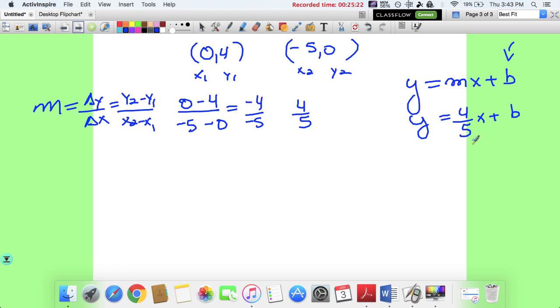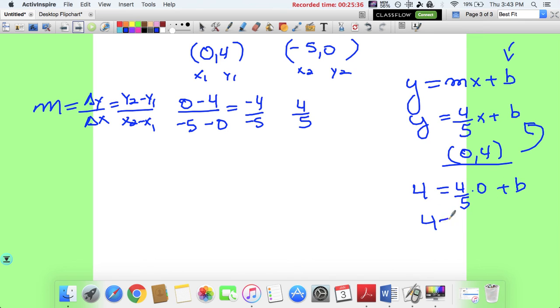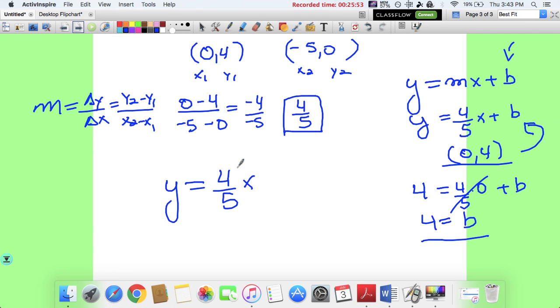But if I choose this point 0 and 4, which is I think better than -5 and 0, put it in this equation, I get y, which is 4, equals 4/5 times 0 plus b. Well, 4/5 times 0 is just 0, so this goes bye-bye, and I'm left with b. So b equals 4. So my y-intercept is 4. Now I have a value for b, and I have my slope. I can finally write my equation. My equation equals y equals 4/5 of x plus 4. This is my slope, and this is my y-intercept.